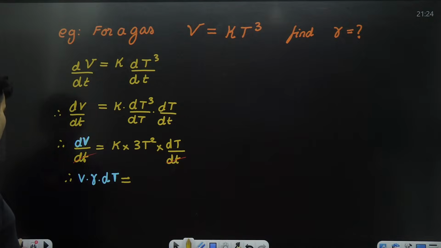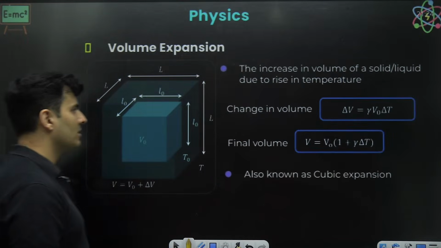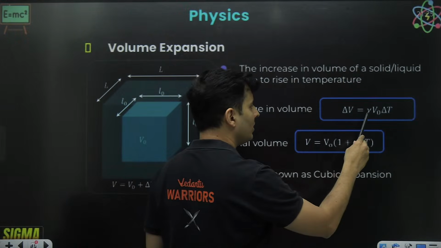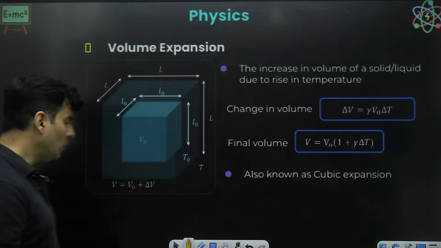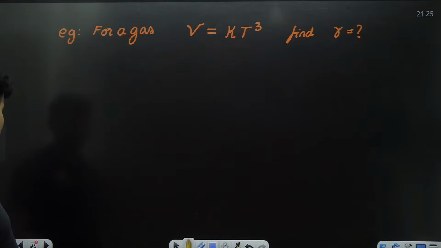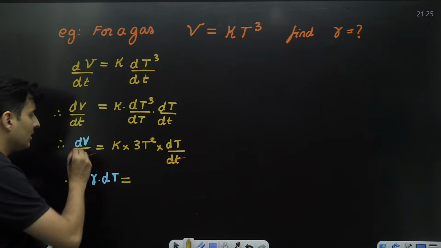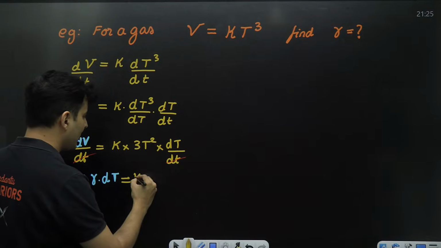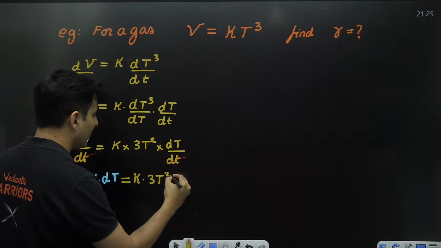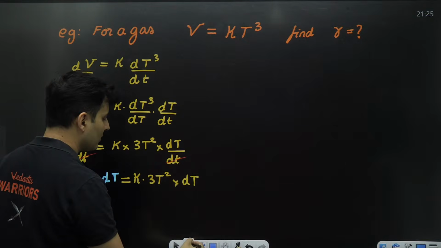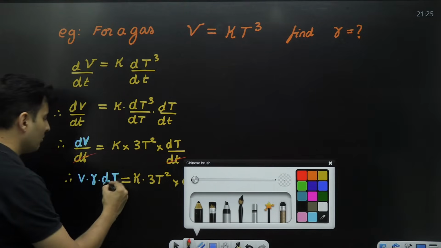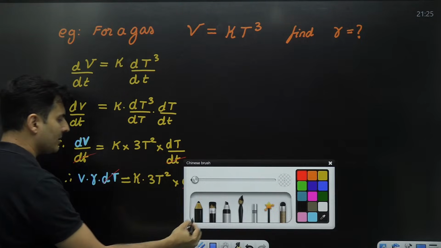Change in volume is gamma, original volume, into change in temperature. But these temperature changes are very small, so that's why dT, and the change in volume is also very small. K is there, 3 and T square are there, multiplied by dT. Best part, dT and dT just got cancelled.